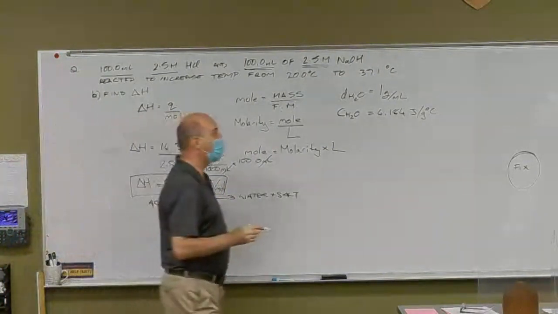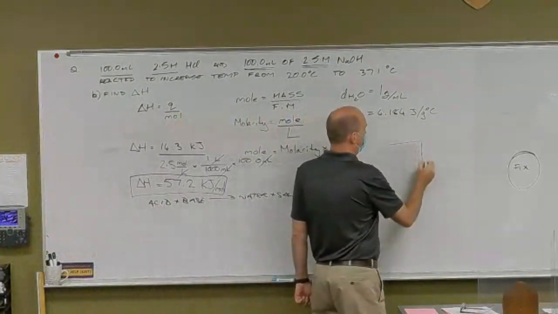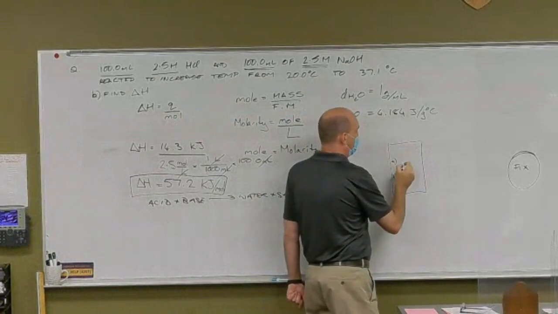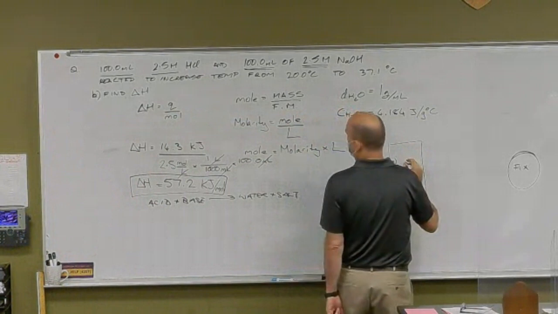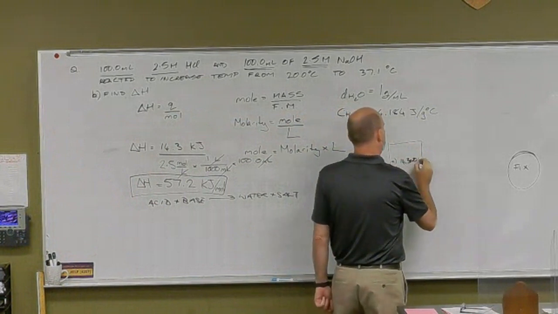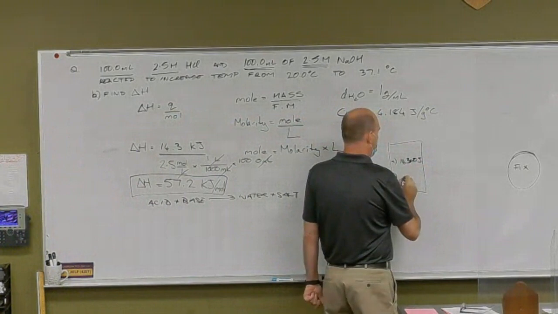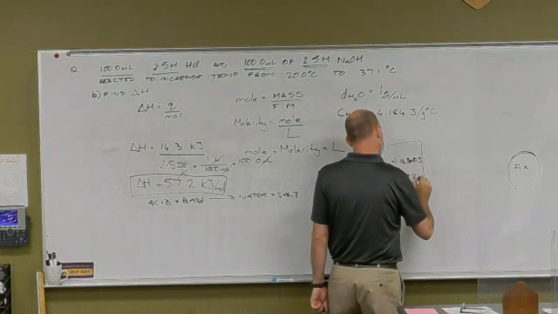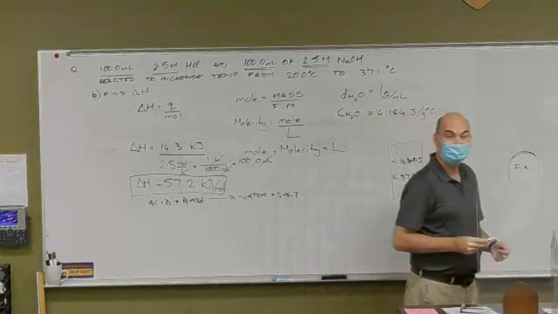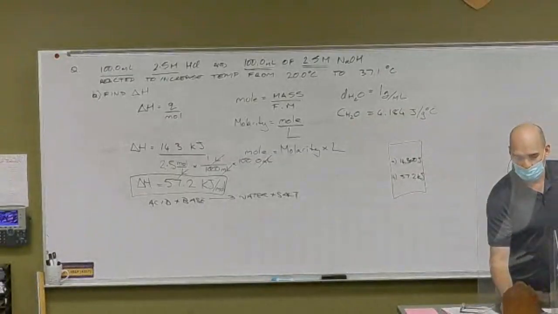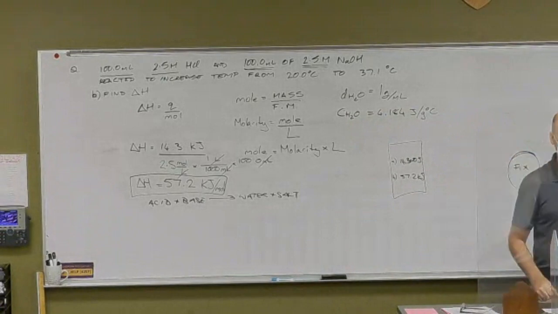All right. So if I gave you this as a quiz question and you answered part A and part B, and part A was 14,300 joules and part B was 57.2 kilojoules. If this is a 10-point quiz, have you earned 10 points?